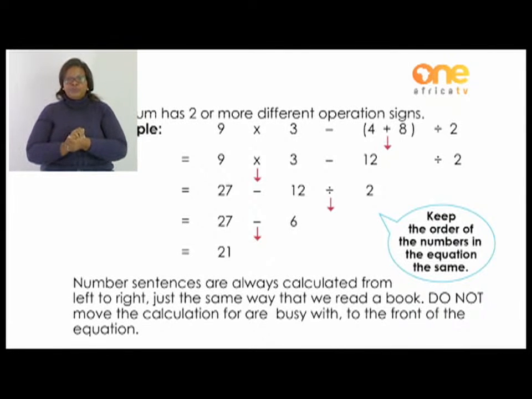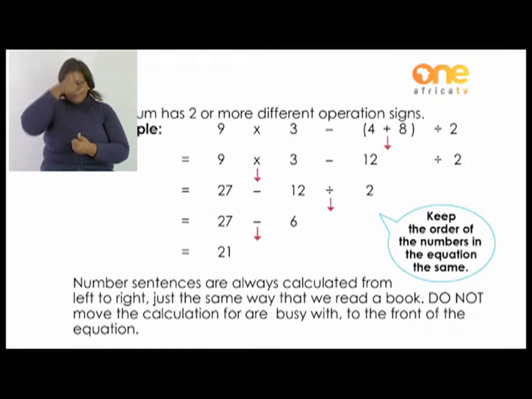I rewrite everything that I have there: 27 minus, and the answer to 12 divided by 2 is 6. My last step is when I finalize my operation. So 27 minus 6 is equal to 21.